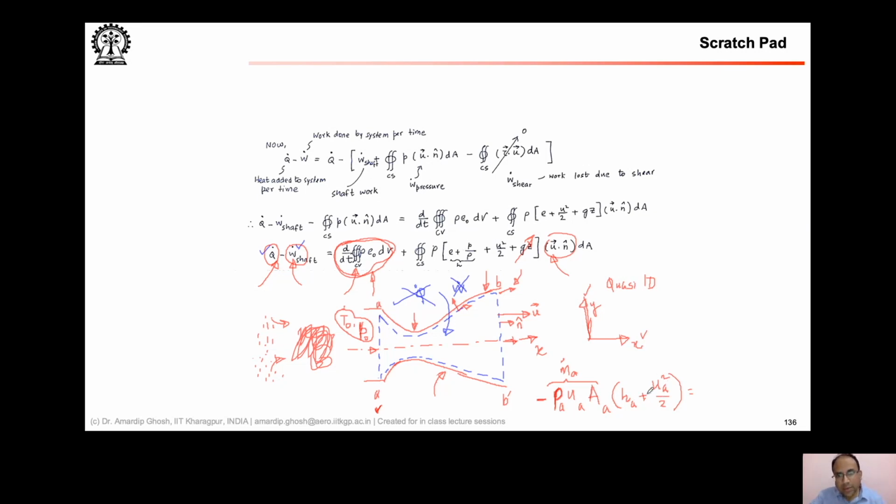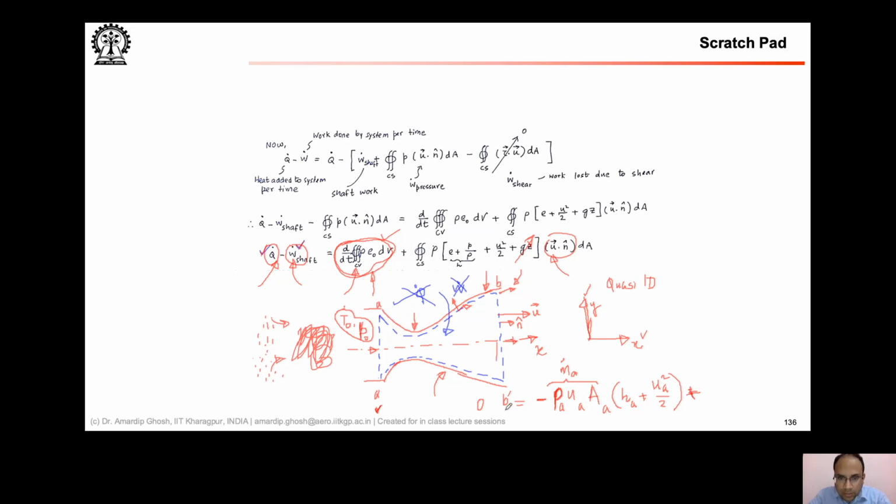Let us first write this step. So again, on the left hand side we have 0, because this is 0 for this particular case. So we say 0 equals minus this plus.